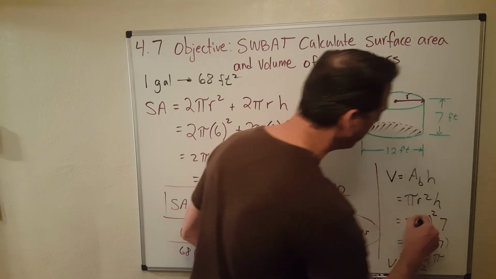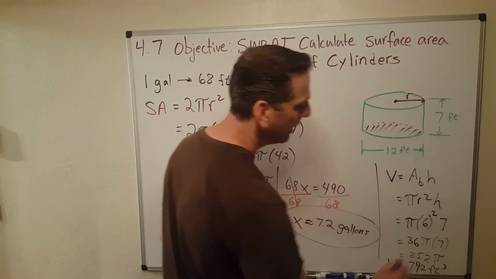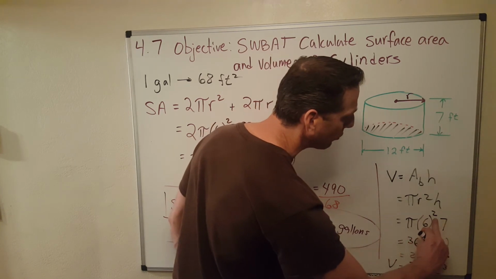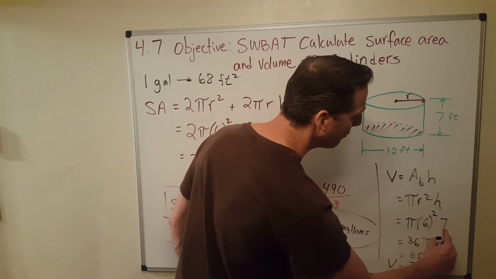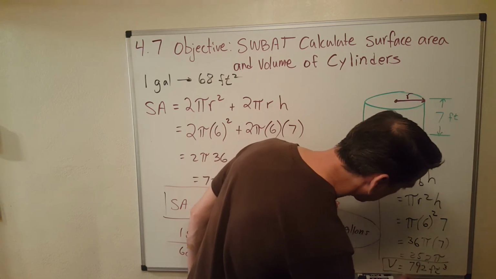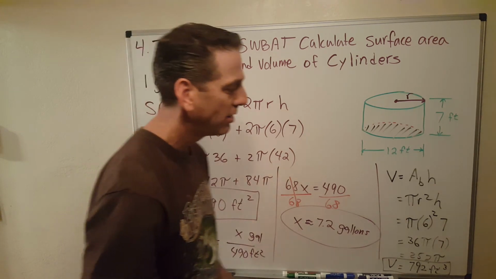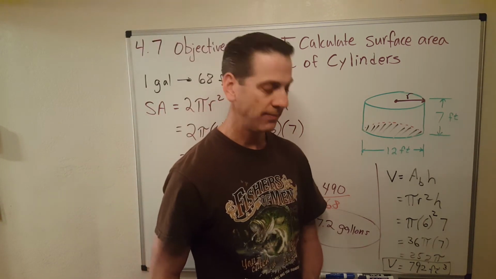And that is in, well, feet cubed, right? Because feet times feet is feet squared, and feet squared times feet is feet cubed. And there's our volume, 790 cubic feet.